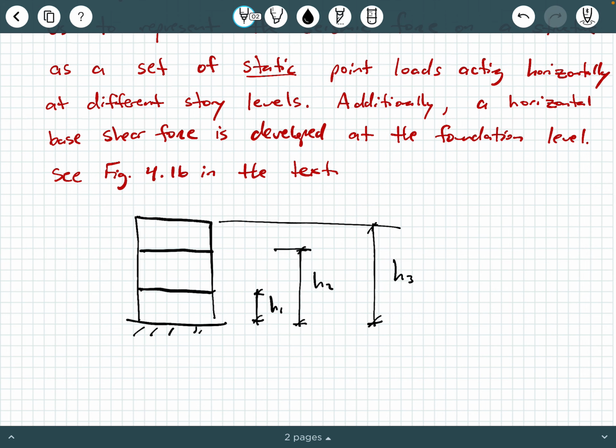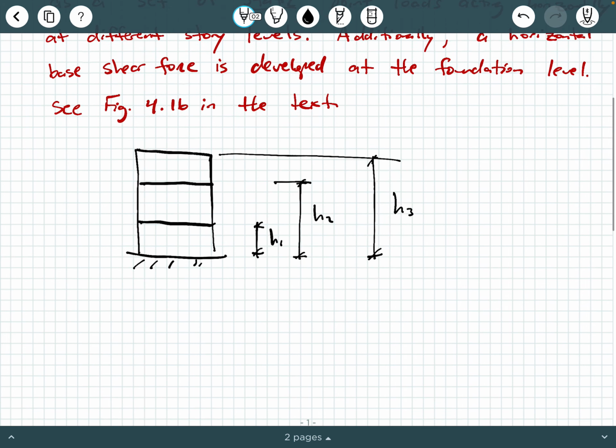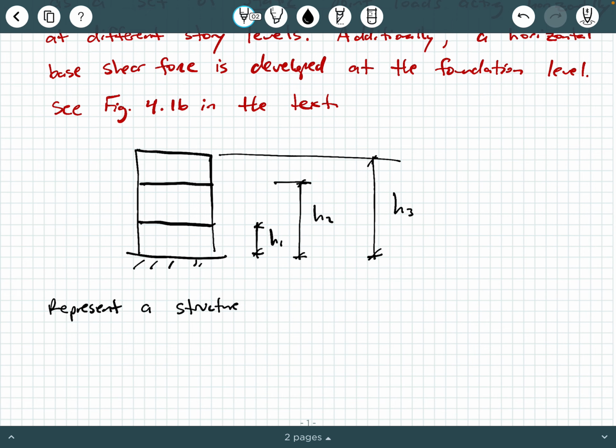And so what we do is we represent a structure, in this case a frame, as what's called a lumped mass system.